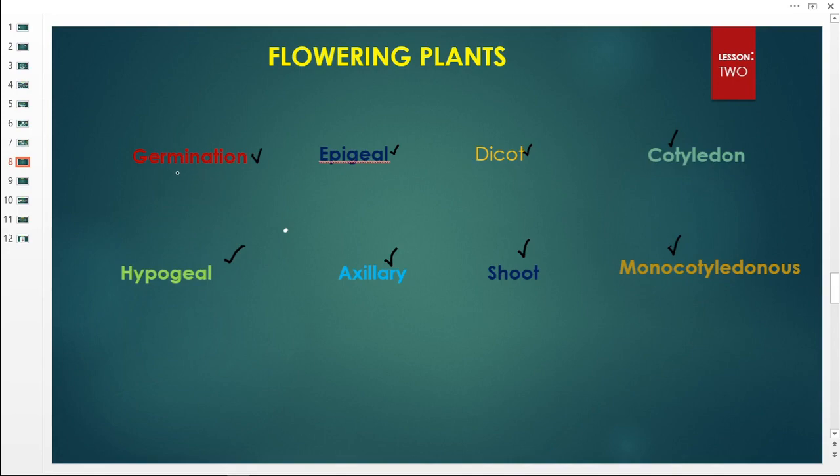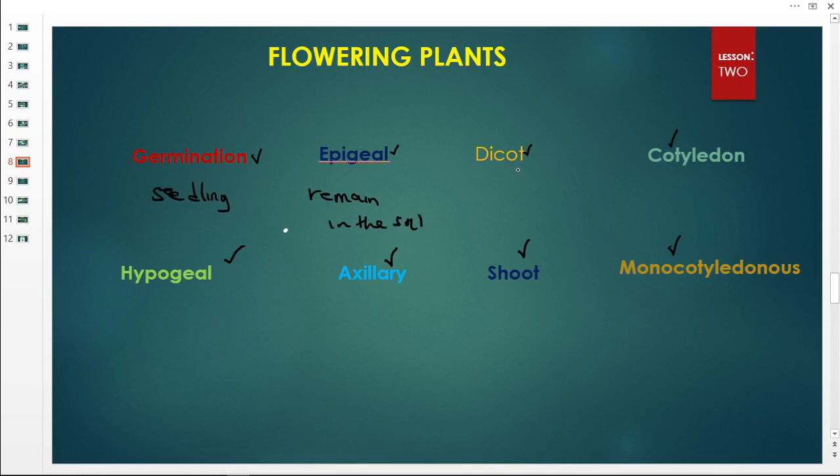The word germination means a seed developing into a seedling. Then epigeal is a type of germination where the cotyledon comes out of the soil.